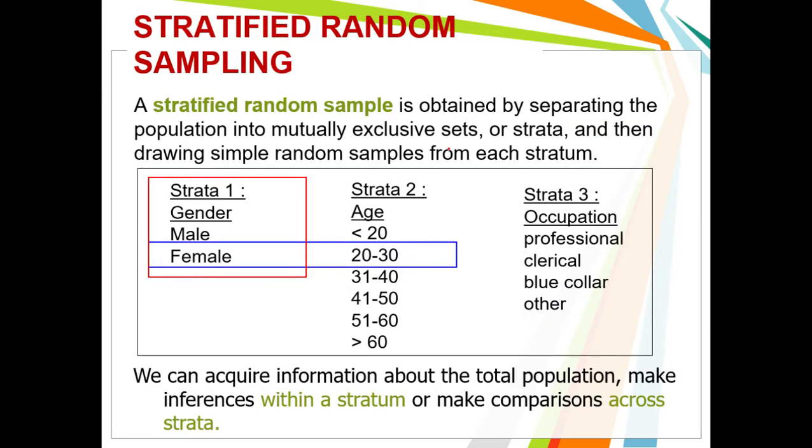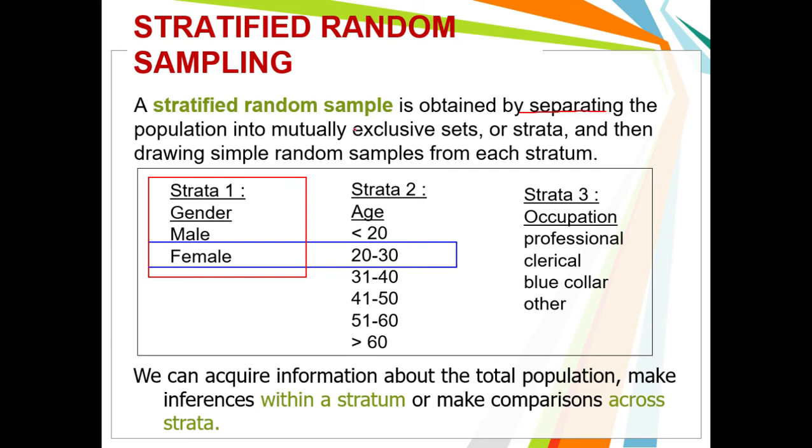Okay? Then, another method is yung stratified. Okay? Very ideal siya kung masyadong malaki or malawak yung ating consideration, okay? Yung ating population, okay? So what we do is to group them, i-group sila into different stratum or strata, okay? So stratified random sample is obtained by separating, okay?